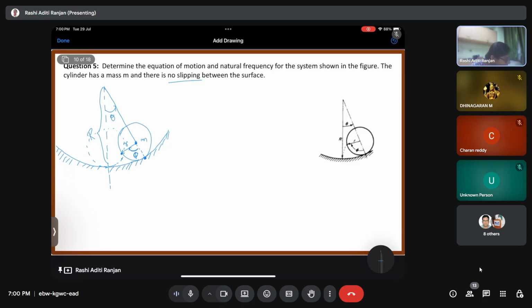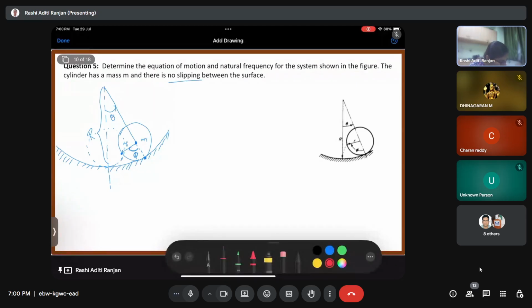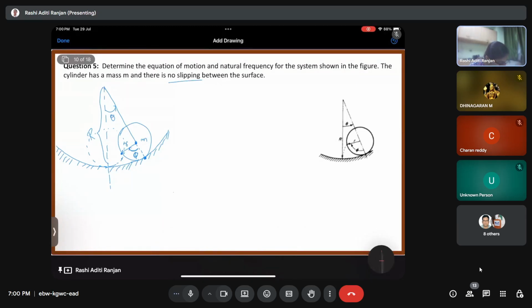I should use another color here. And this point was here earlier. These are the 2 points that we are looking for. This point went here, this point went here. It is oscillating like this.